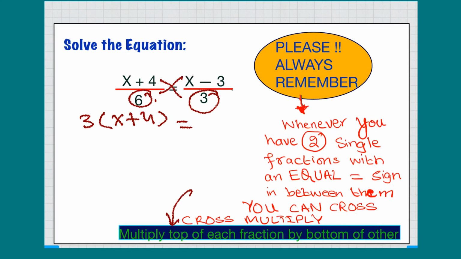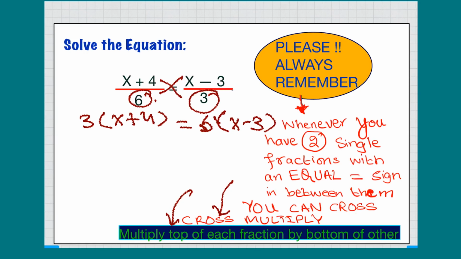The top of this left hand side fraction is x plus 4. I multiply it with the bottom of the other fraction, 3, and the denominator with the numerator of the other fraction, 6 times x minus 3. Simply cross multiplication is taking place here.